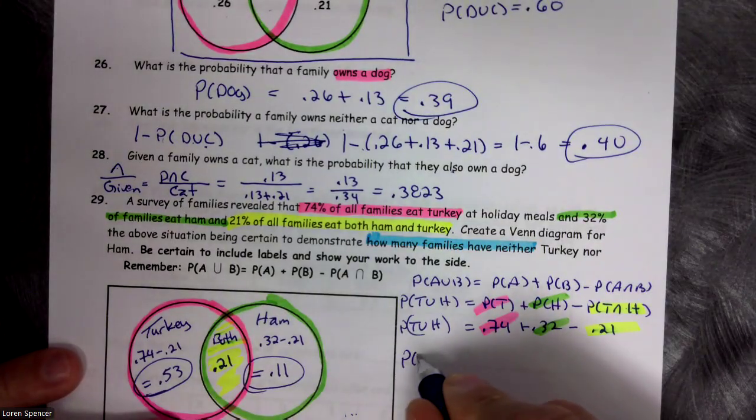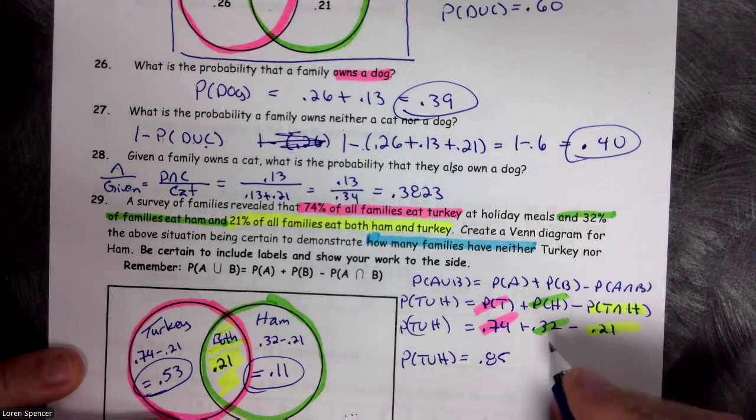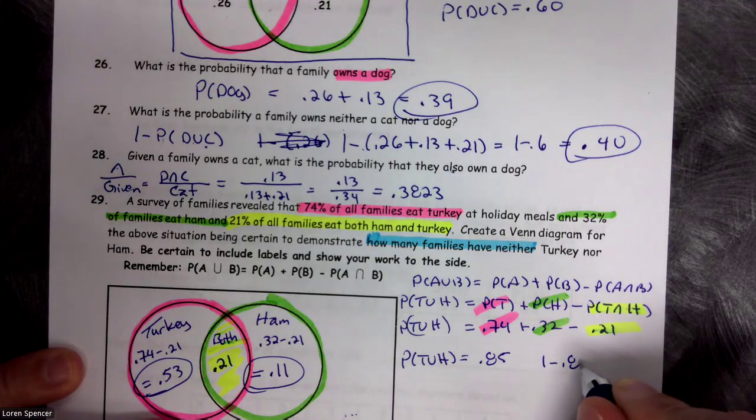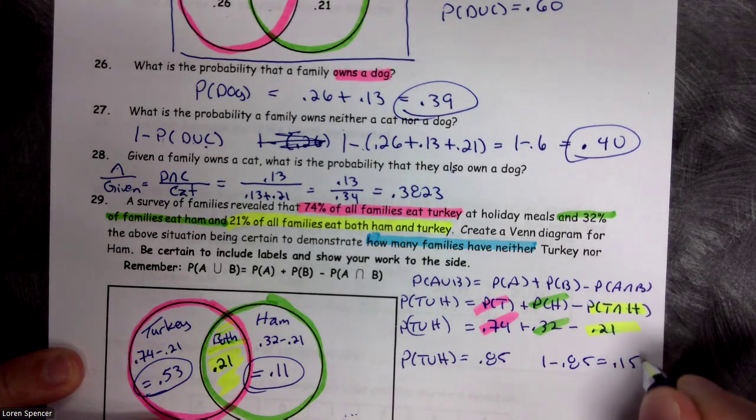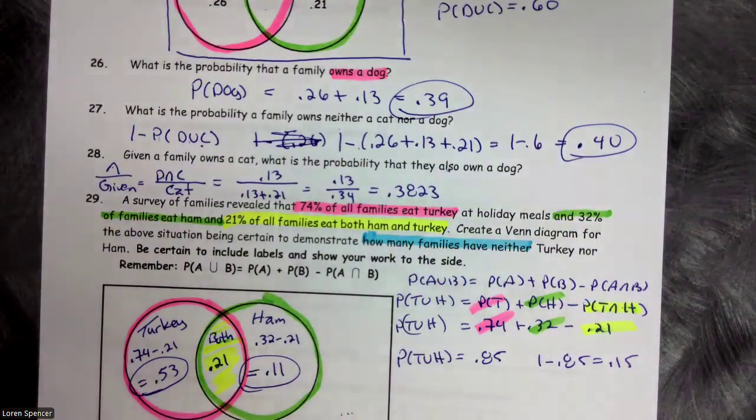So the probability of turkey union ham equals 0.85. So if I take 1 minus 0.85, I get 0.15, and that would go right there.